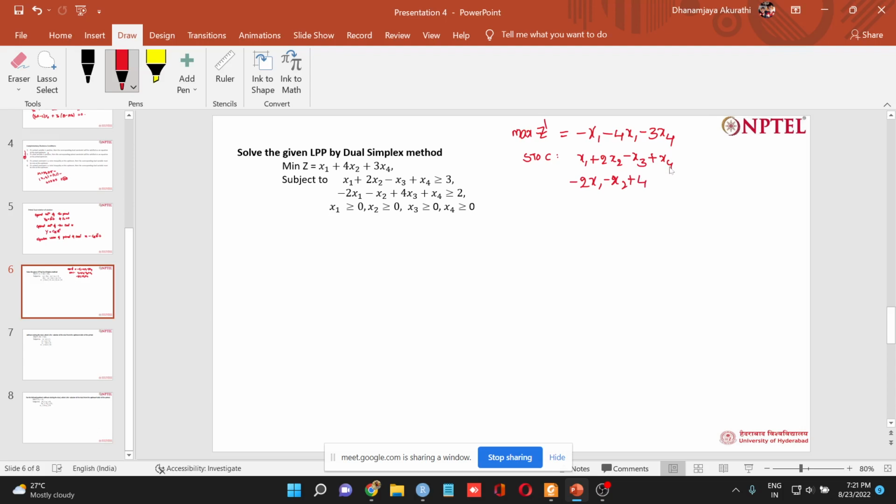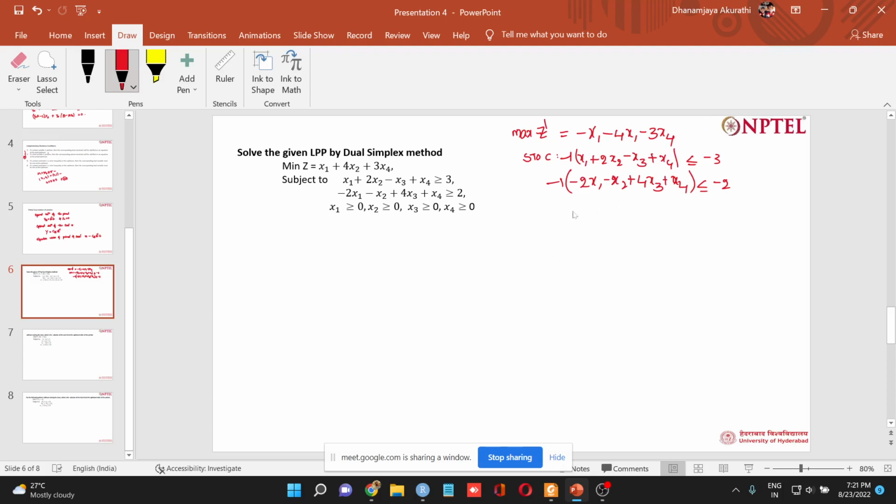And ma'am, first of all, we have to multiply the given constraints with a minus sign, then only we can convert the constraints into less than or equal to sign. Yes, ma'am, right? Here I am multiplying with minus 1.